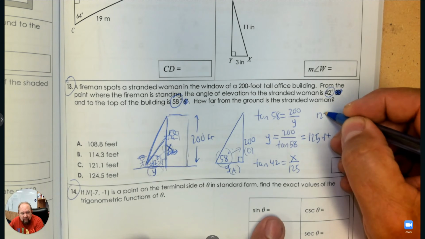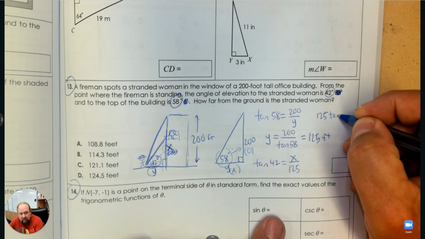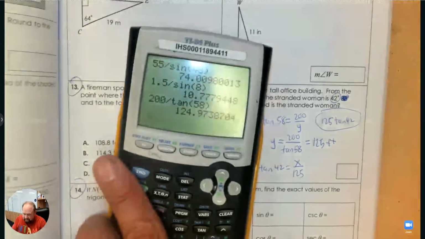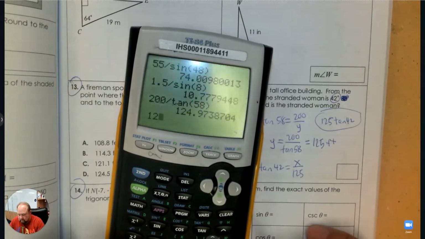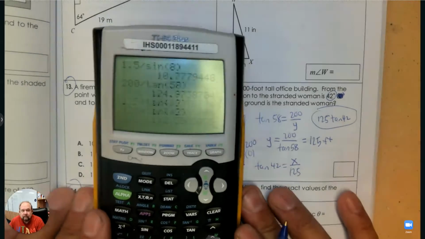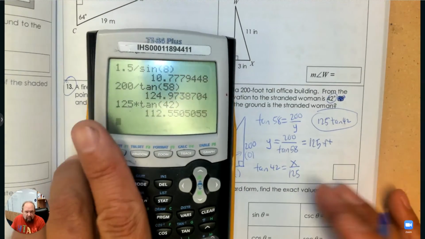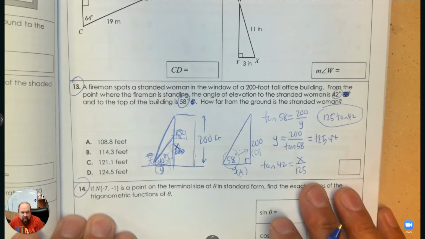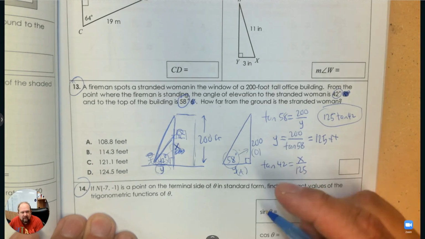So it ends up being 125 times tangent 42. That's what I'm going to put in the calculator. And I get 112.5. So I'm looking for an answer that's close to 112.5, even though I rounded.